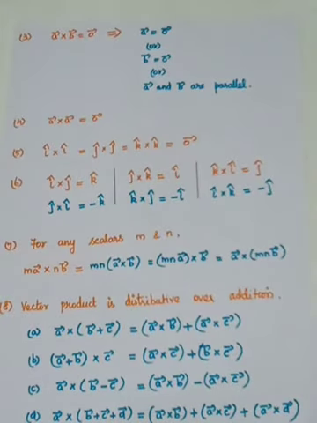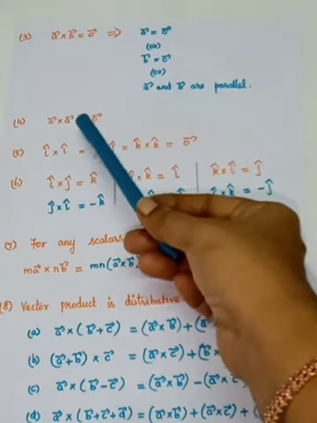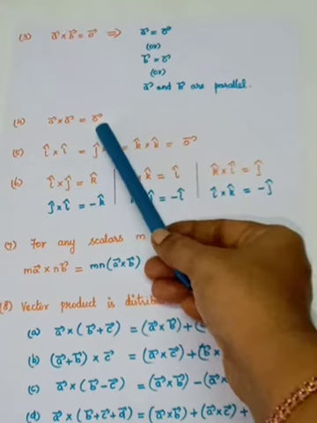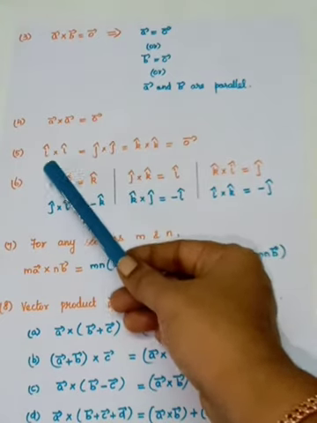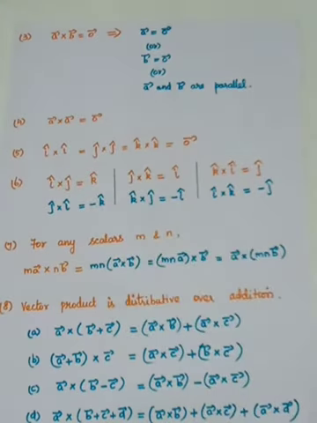They are the unit vectors acting in the direction of x axis, y axis and z axis. Okay, so the cross product of equal vectors is equal to 0 vector. So that's why i cap cross i cap, j cap cross j cap, and k cap cross k cap are equal to 0 vector.